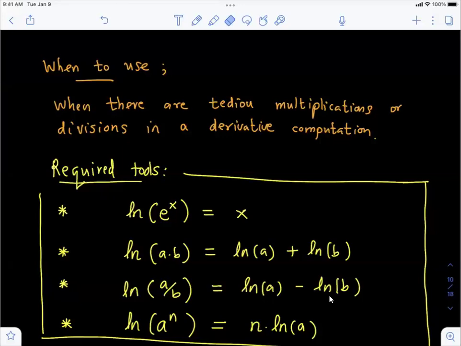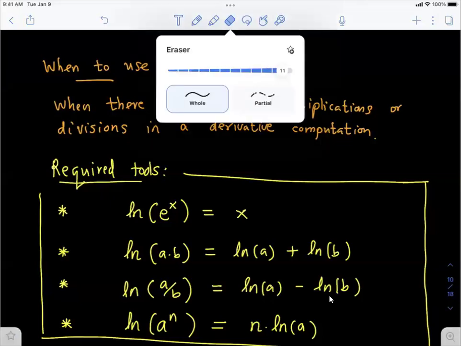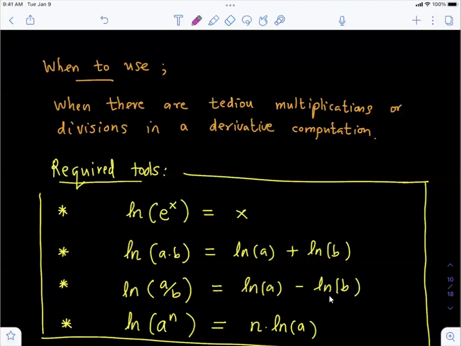We use all of those computations when you have tedious multiplications or divisions in our derivative computations. Or there is another aspect you will see by the end of these computations, when you have somewhat complicated functions, especially in terms of variable powers or variable exponents. We will use this method. And I will elaborate both of these directions in upcoming computations.